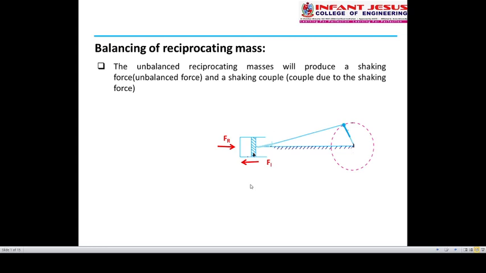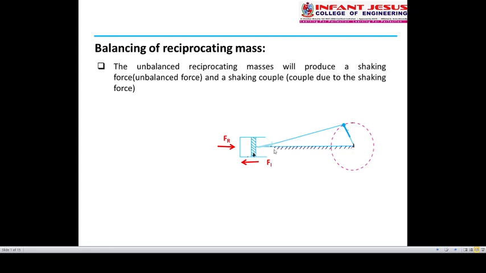Here we have the force on the piston, that is the reciprocating parts, force Fr. The inertia force is the opposing force of the piston. This force is the unwanted force, and it is called the shaking force.